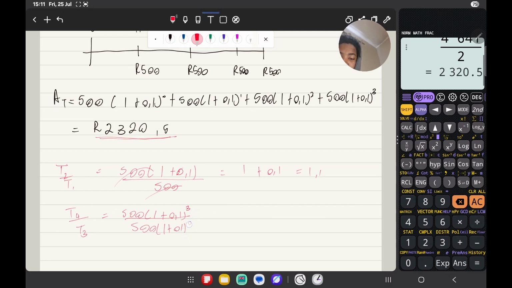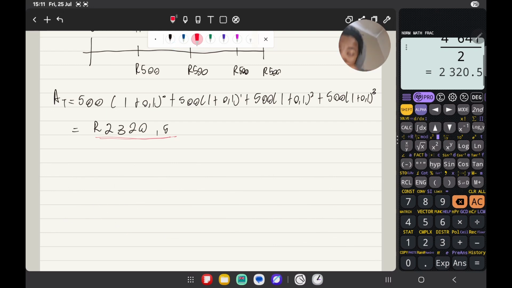So T3 over T2, everything is the same. The 500s cancel, by the laws of exponents, and you're going to end up with 1.1. So we have R, a common constant ratio between consecutive terms. That means we have a geometric series, and then you will say A is 500.